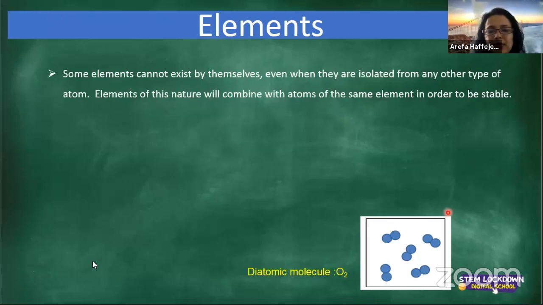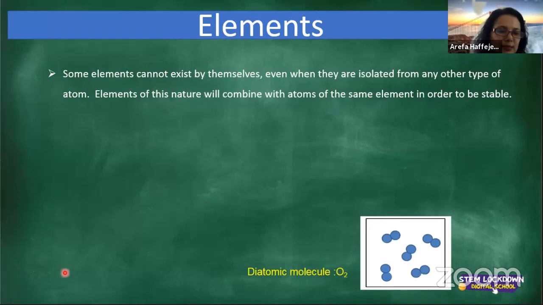So if you look at the diagram below, the element, for example, oxygen, cannot exist by itself. Remember, oxygen in the periodic table, when you look at the chemical symbol, is O with a small 2 below it. So this means that it cannot exist by itself, so it combines with another atom.